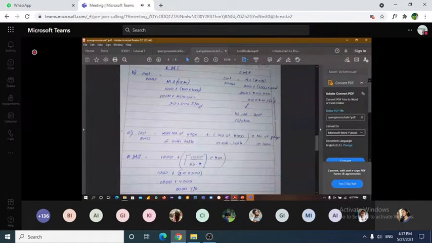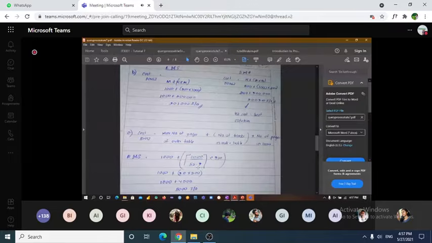Then the next question is block nested loop join for the same one. Block nested loop join means you have to know the number of blocks in the outer table. For the number of blocks in the outer table only, you're going to scan the inner table. So we know the number of pages in the outer table, that is 1000, plus the buffer size was given, it's 52.